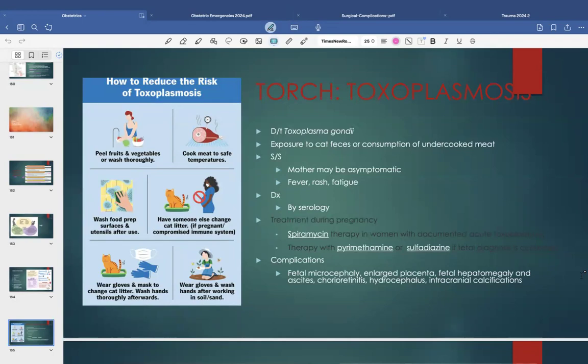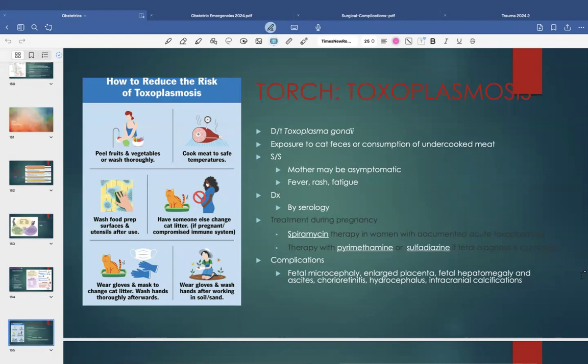What I don't think we talked about in infectious disease was treatment. Spiramycin therapy in women with documented acute toxoplasmosis, because in adults, and we weren't talking about pregnant people, they're usually self-limited, so they don't need treatment. So spiramycin is a treatment you can use. If the patient is less than 18 weeks gestation dealing with an acute toxoplasmosis, remember therapy is going to be more for immunocompromised patients.